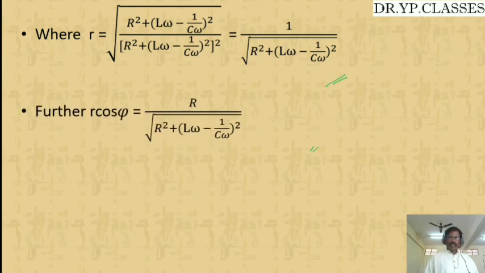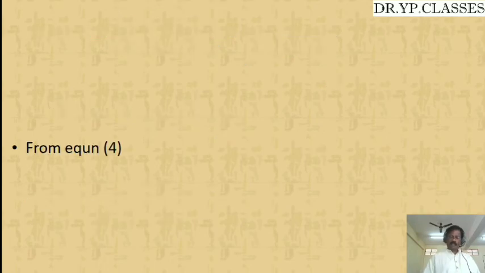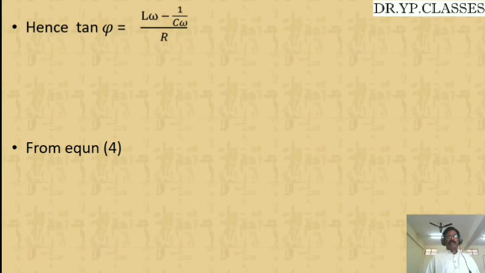Now further, r cos phi is equal to r by square root of r square plus L omega minus 1 over c omega square, and r sin phi is equal to L omega minus 1 over c omega square divided by r square plus L omega minus 1 over c omega square.